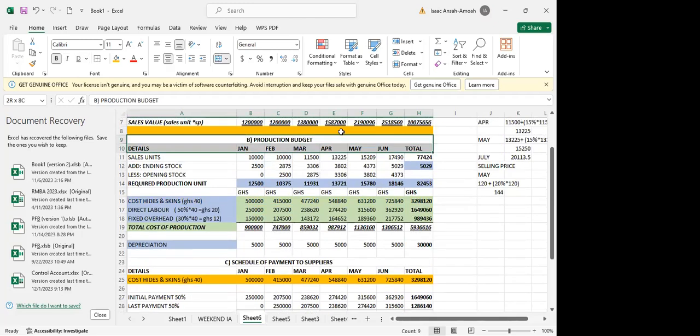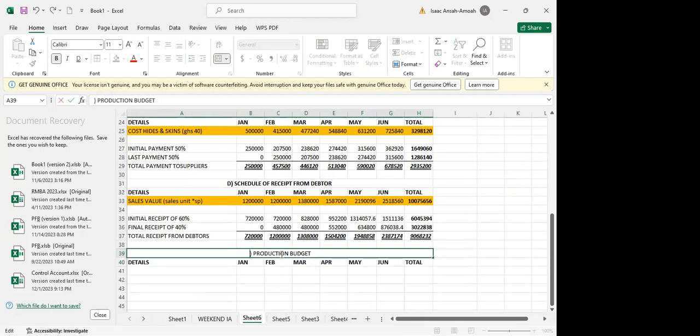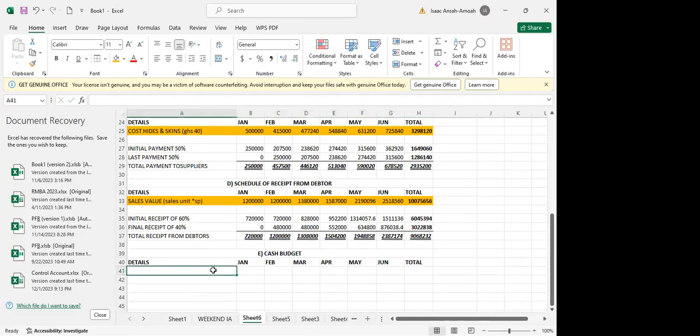Remember that in the cash budget we have 2 key elements: the receipts and the payments. To this cash budget, we are bringing anything at all that is receipts here, and anything at all that is payment is going to come here. But let's segregate them. Let's generate the receipts first.